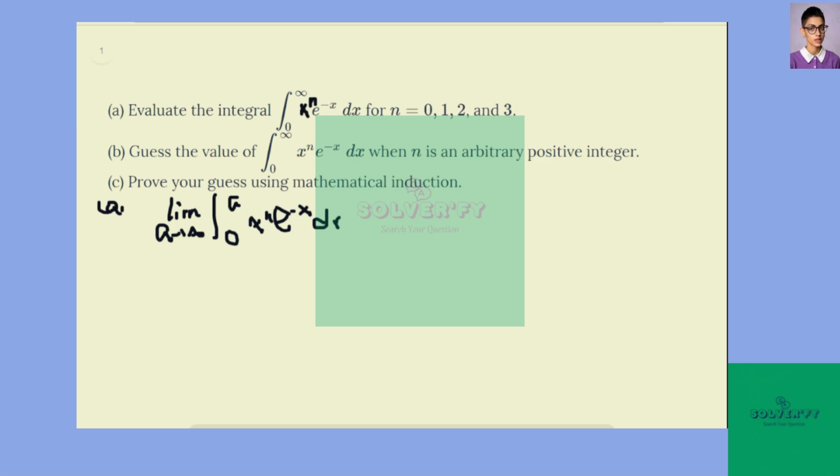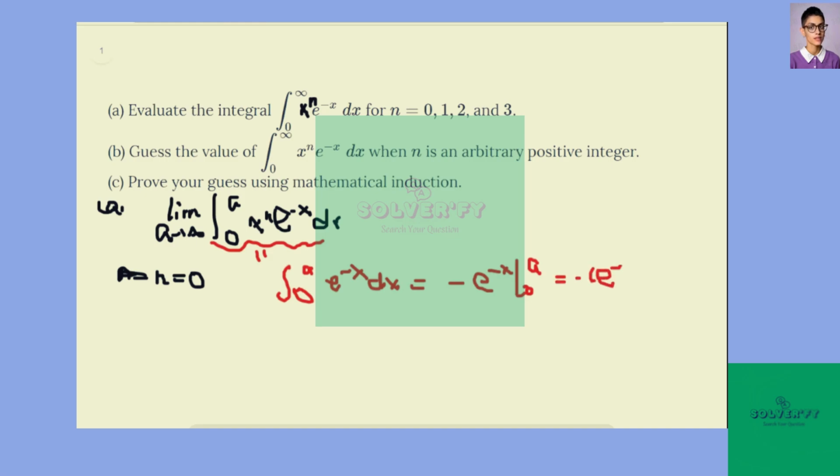When n is equal to 0, this definite integral is equal to the integral from 0 to A of e^(-x) dx. This is equal to negative e^(-x) from 0 to A, and this is negative e^(-A) minus 1.